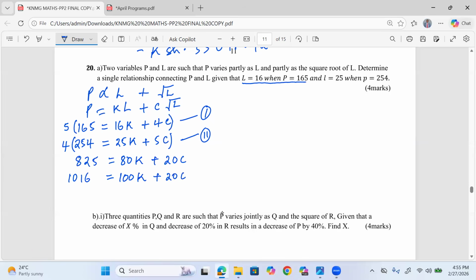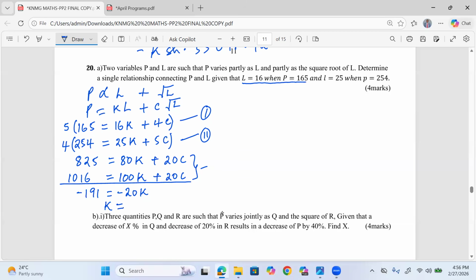With these two, whereby the coefficients of C are equal, we can now subtract corresponding terms: 825 minus 1016 gives negative 191, equals 80 minus 100, giving negative 20, the value of K. And you see C has now disappeared.